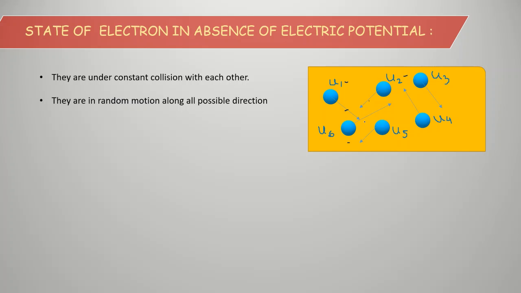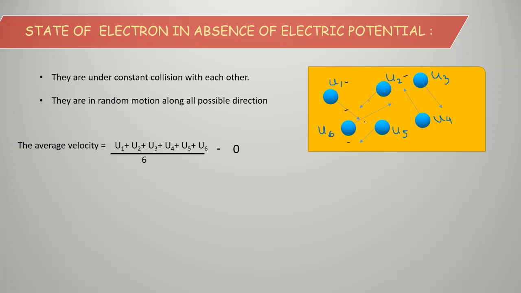When there is no potential, the electrons are continuously in motion, but in random motion along all possible directions, and they are under constant collision with each other.